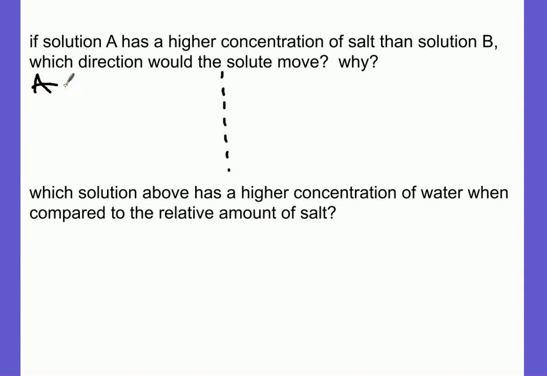I have solution A, and I have solution B, separated by a semi-permeable membrane. It says solution A has a higher concentration of salt than solution B. So salt is made of sodium and chloride ions. So I have lots of ions floating around on this side because it's got a high concentration.